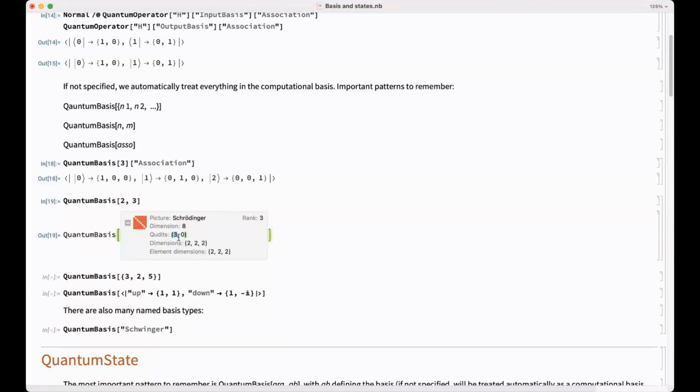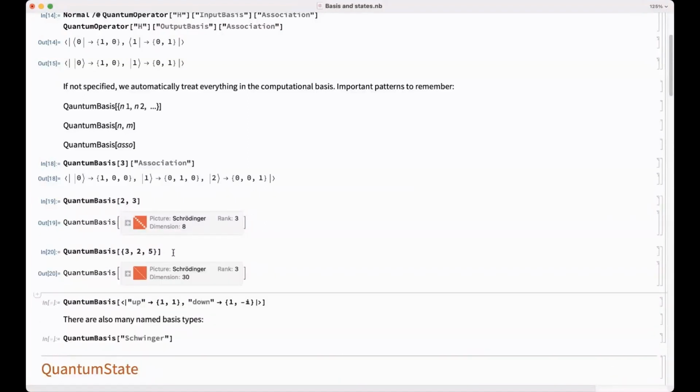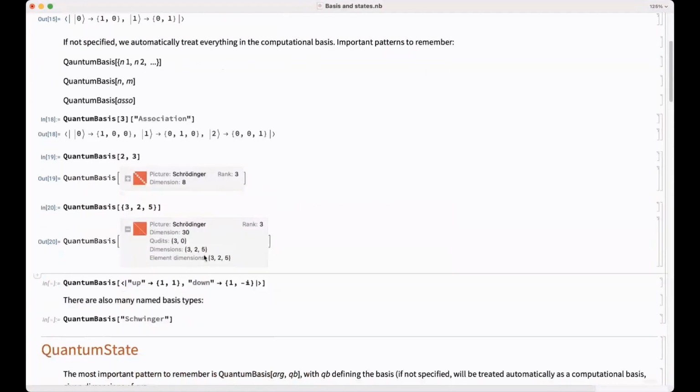It's a quantum basis with 3 output qubits and 0 input qubits. It's kind of a hidden feature, right? So in total it's a dimensional basis, or you can just provide a list of dimensions, and now you can have 3 output qubits with 3 different dimensions.